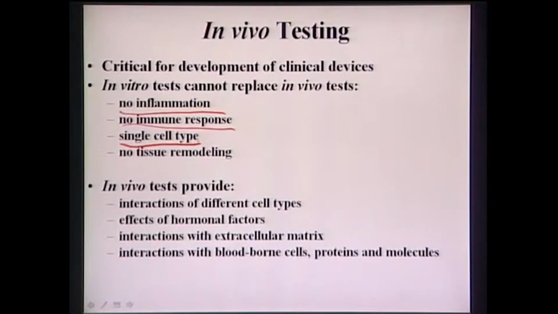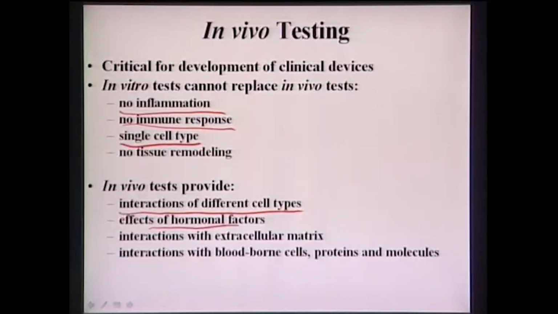Therefore, in vivo tests are necessary, and they provide information on the following aspects. The first one is interactions of the different cell types. As I mentioned, during in vivo implantation, a material will come in contact with different cell types.